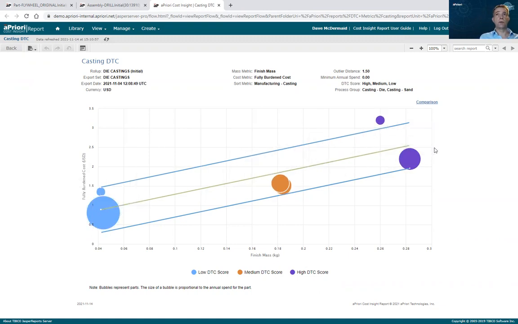Weight and cost are somewhat proportional, but this component is above the line. It's more expensive than it should be. And the color of that bubble represents its manufacturability. Purple is bad. Therefore, in a sea of opportunities that all have DFM issues, these are the ones that I should actually focus my attention on and go and fix before the ECOs come along, because they're going to really hurt me.